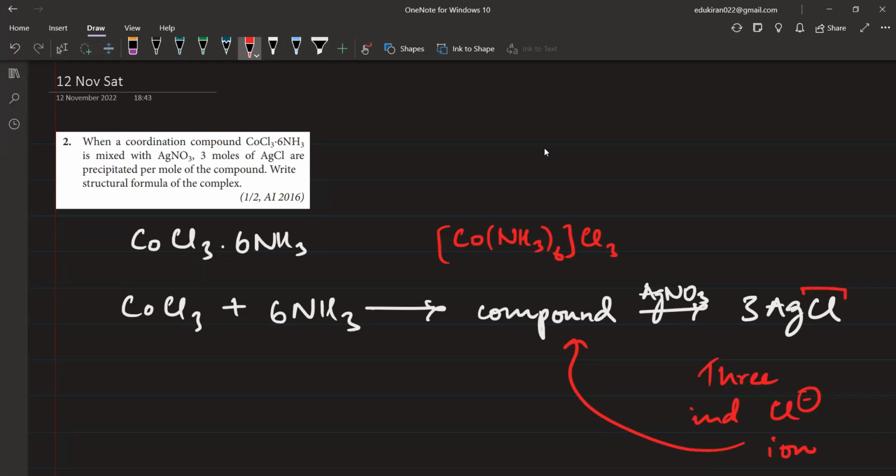So this is the compound that we are getting when I'm mixing CoCl3 and 6 NH3. Okay, right, next.